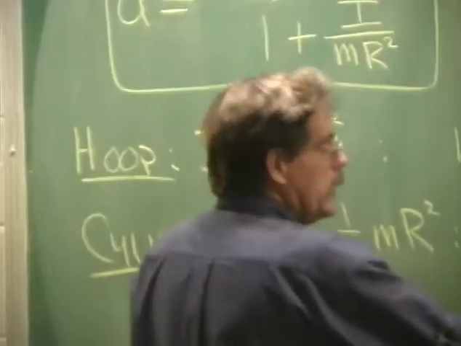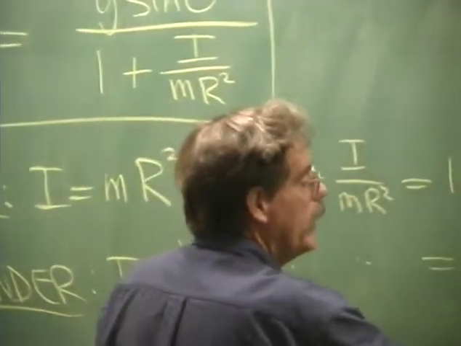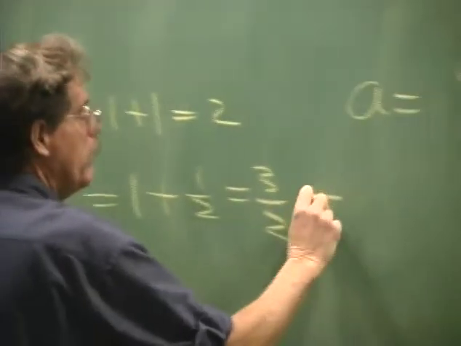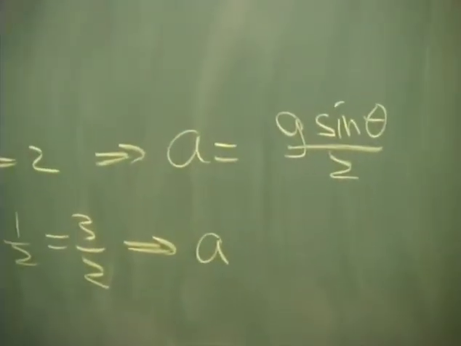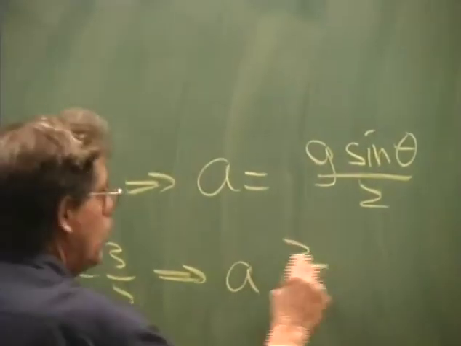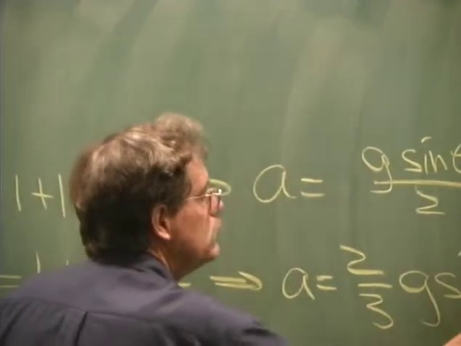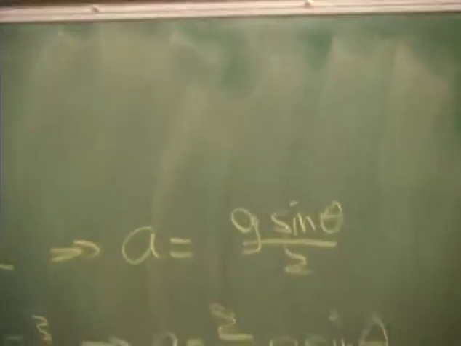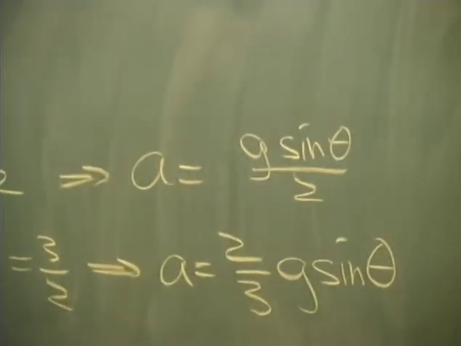So this quantity is now 1 plus a half. 1 plus a half is 3 halves. And that means that the acceleration of a cylinder would be, that's in the denominator, 2/3 g sine theta. Which one's faster? Cylinder goes faster than the hoop does.